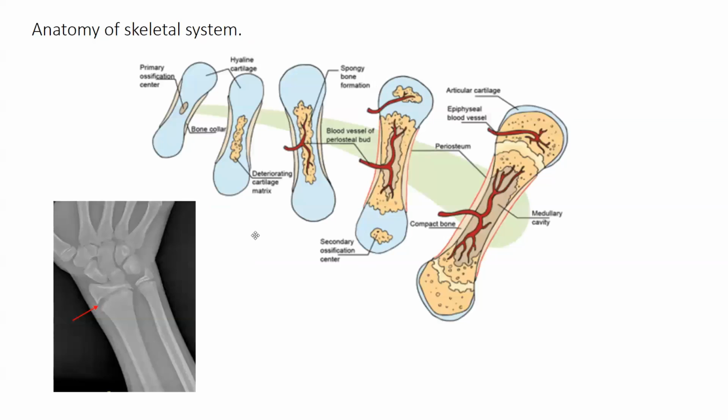So the anatomy of the skeletal system, you can see that it begins in the embryo pretty much as cartilage. And the cartilages are placeholders where bones will ultimately form. During the development of the embryo, this is how long bones are formed. You form a collar of very hard, compact bone around the middle, and then you get what's called a primary ossification center.